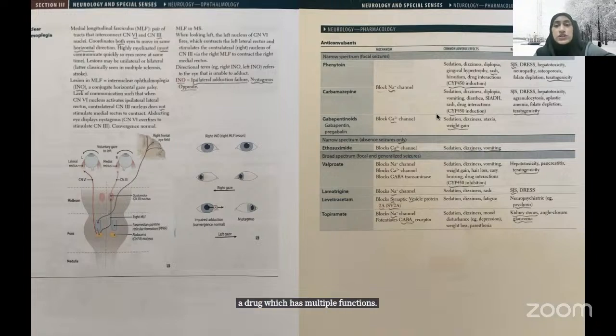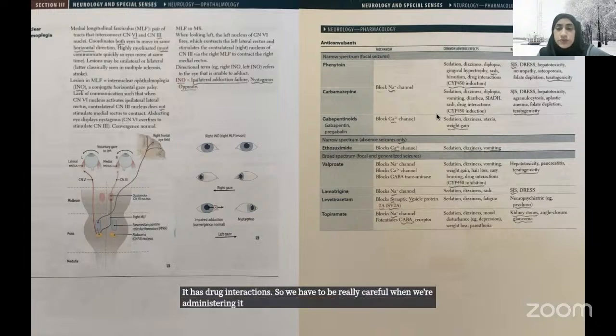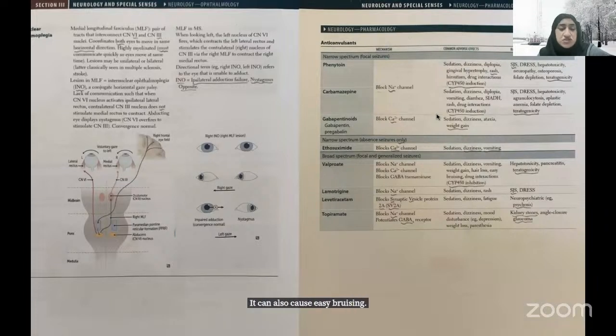Moving towards the adverse effects, again, it has drug interactions, so we have to be really careful when administering it in different patients. It can also cause easy bruising, sedation, dizziness, vomiting, weight gain, hair loss, and the most important serious adverse effects to remember are that it is teratogenic and it can cause hepatotoxicity and pancreatitis.